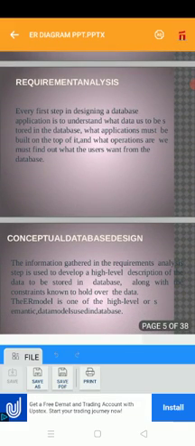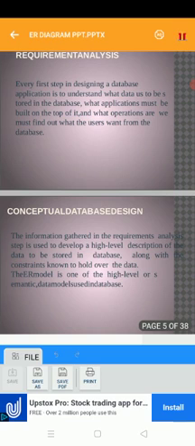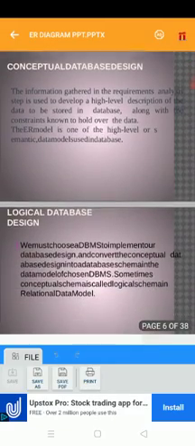Conceptual database design. The information gathered in the requirement analysis step is used to develop a high-level description of the data to be stored in the database, along with the constraints known to hold over the data. The ER model is one of the high-level or semantic data models used in database design. Logical database design.